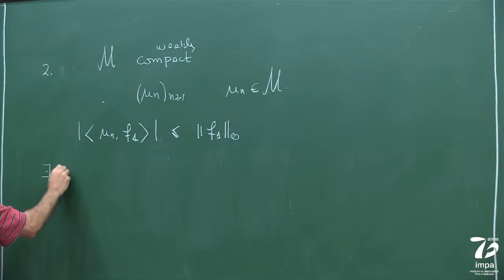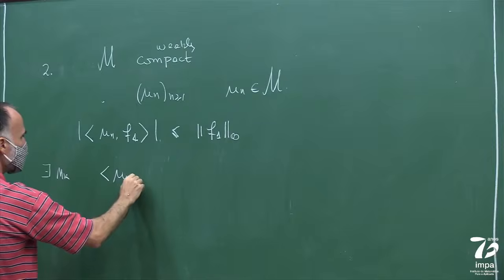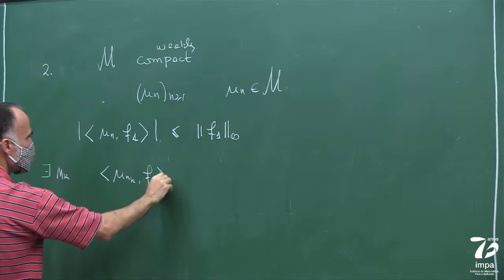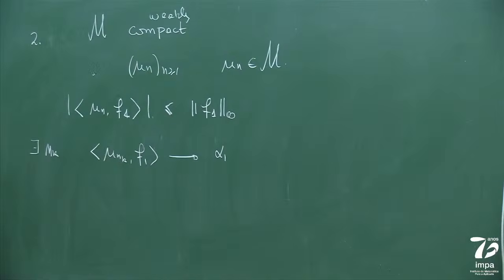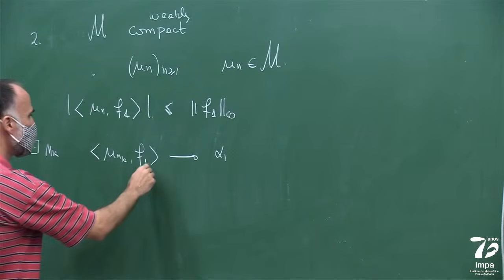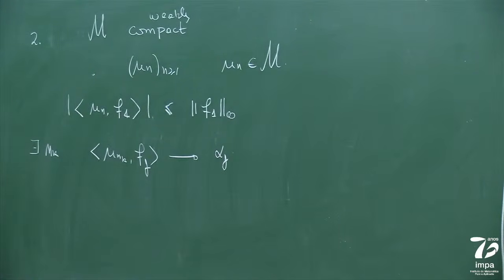So this means that you can extract a subsequence for which mu_{n_k} f_1 converges to a number which I will call alpha_1. And then you proceed to f_2. So you extract a subsequence which converges. Then you use Cantor to get a subsequence for which you have convergence for all j.